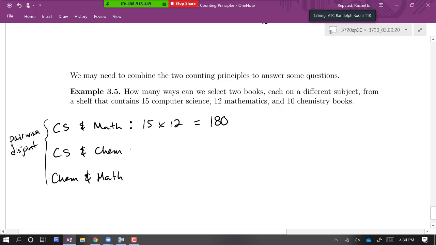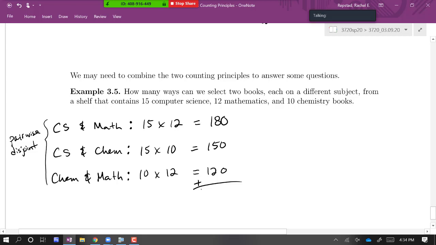How many ways to pick a computer science book and a chemistry book? 15 times 10, yeah, which gives us 150. And then what about a chemistry book and a math book? Yeah, right, because it's 10 times 12. And now all we need to do is add these up.